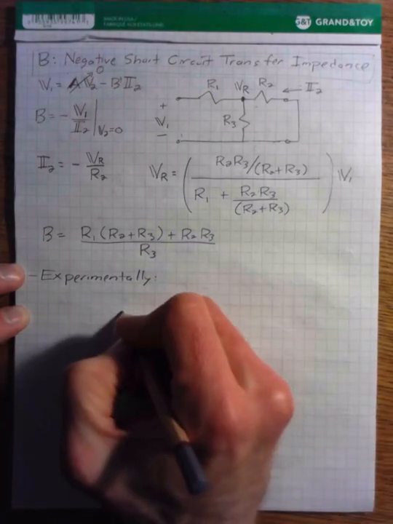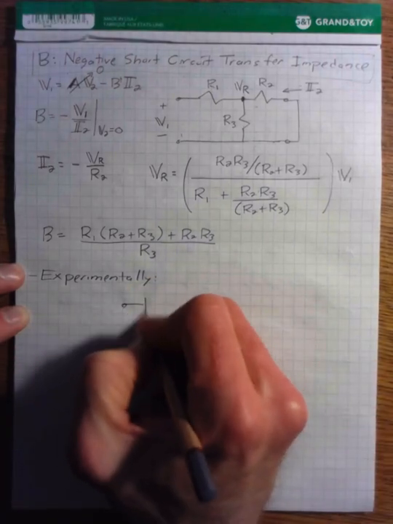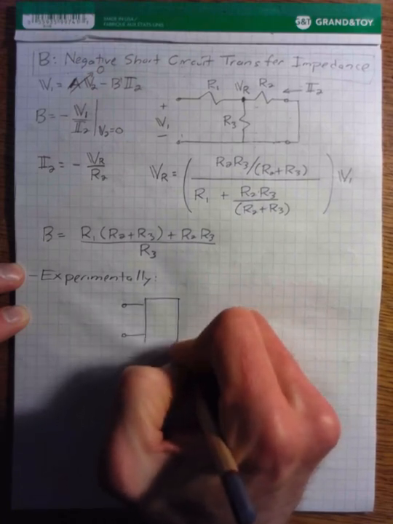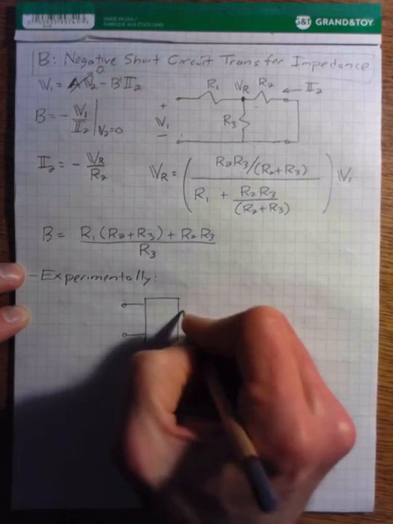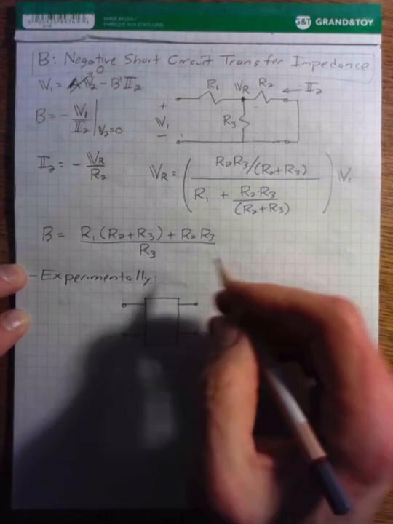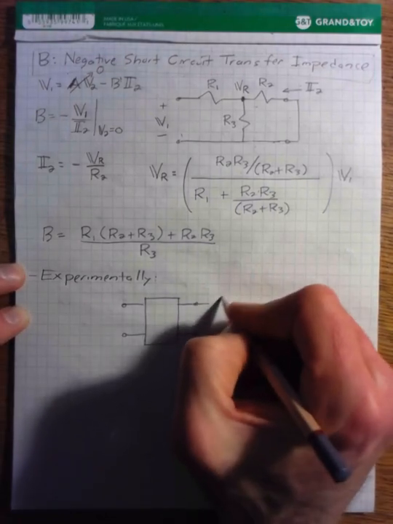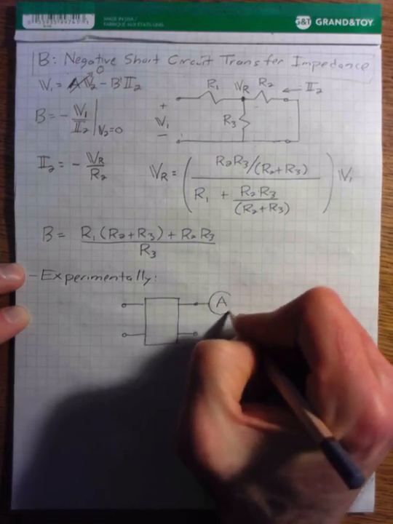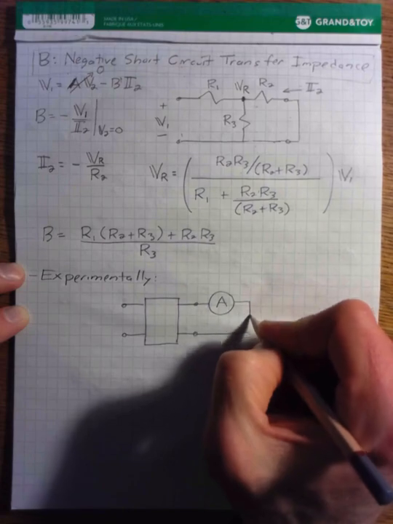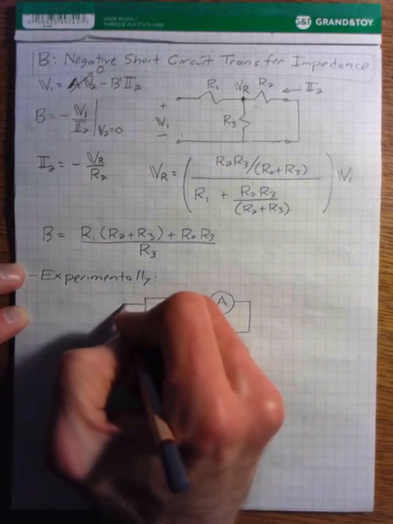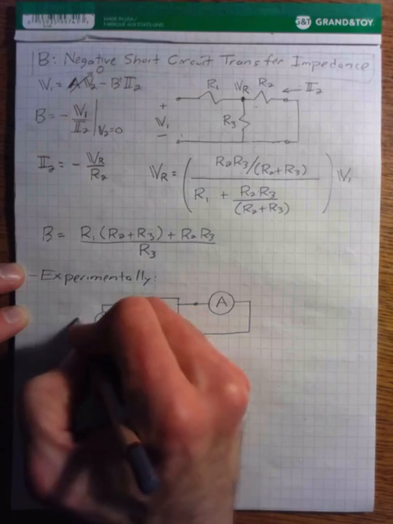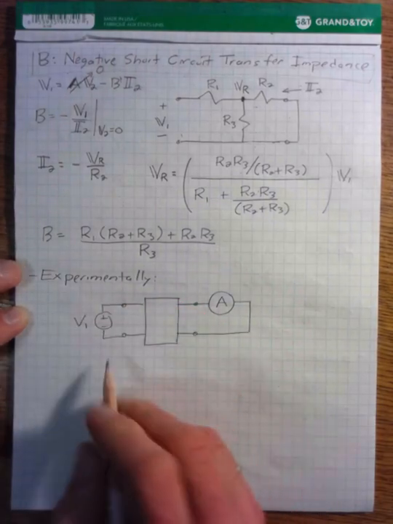So experimentally, again, we would have our two-port network, and we have our ammeter and our voltage source.